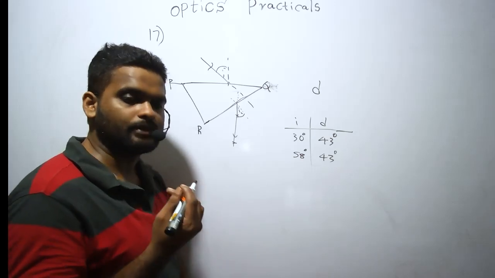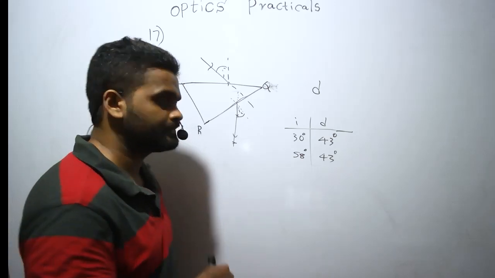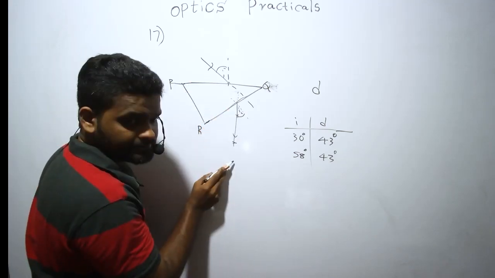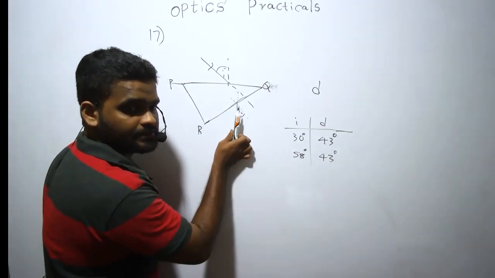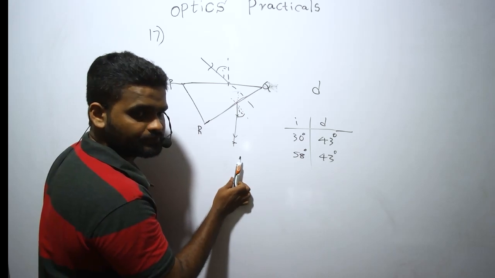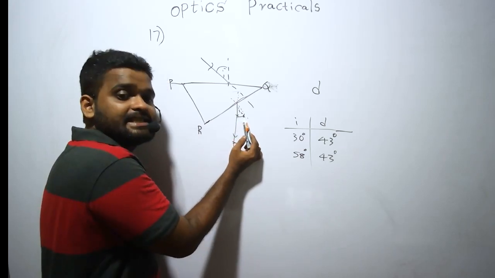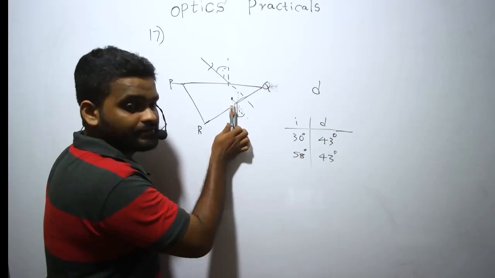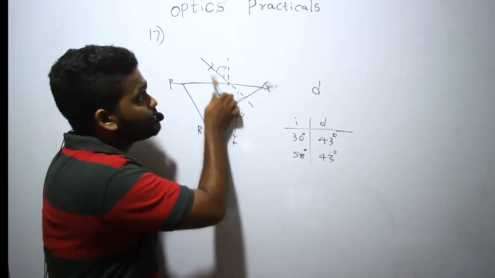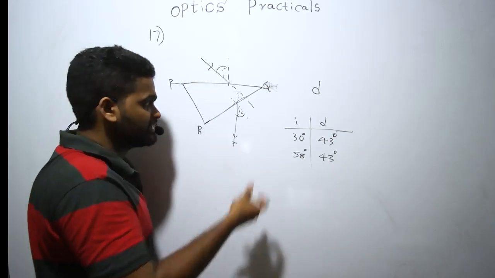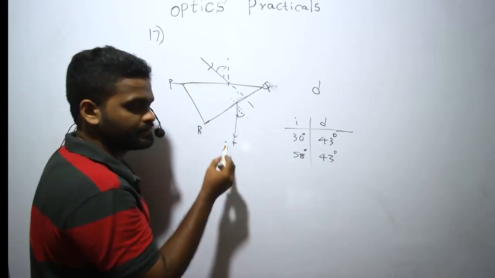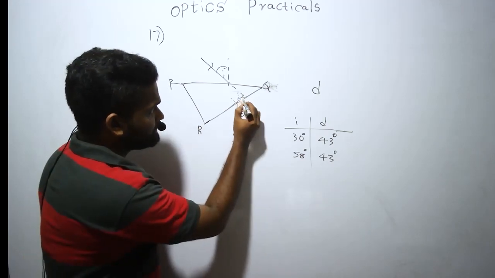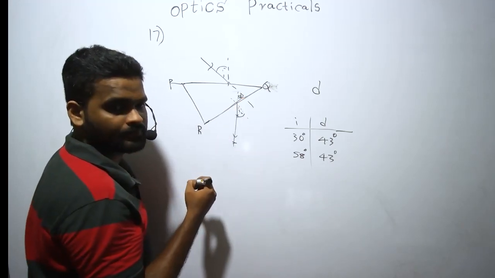Why is this? You remember the reversibility of light? So if you send the light from here, it goes like this. If you send the light from this side, then this angle becomes the incident angle. And this light ray would also move along the same path. It doesn't matter which direction you send the light ray, it will have the same path. If they have the same path, they will have the same angle of deviation, right?